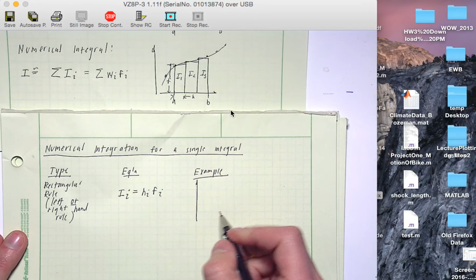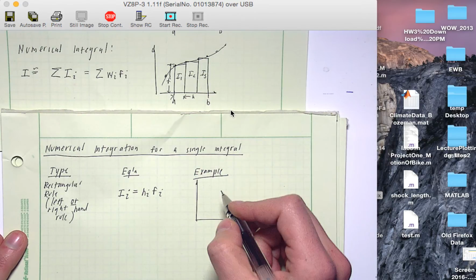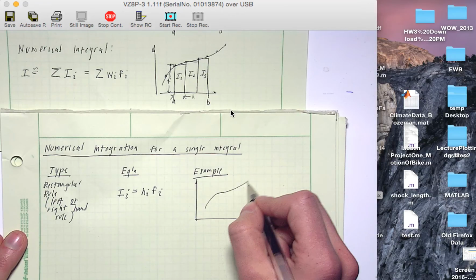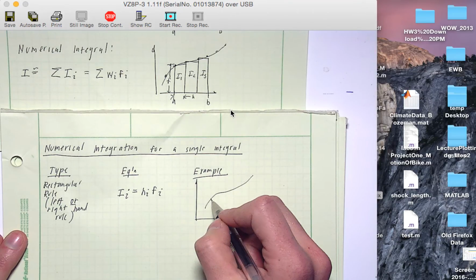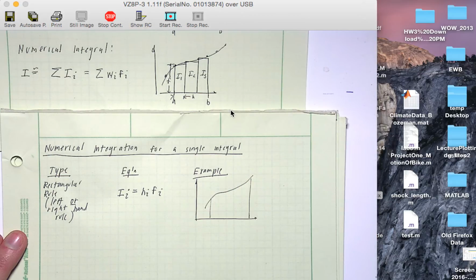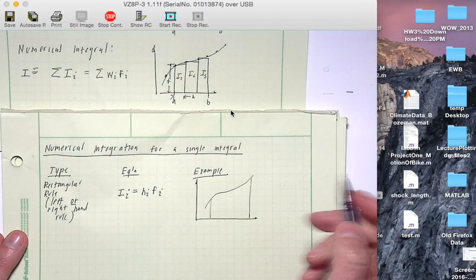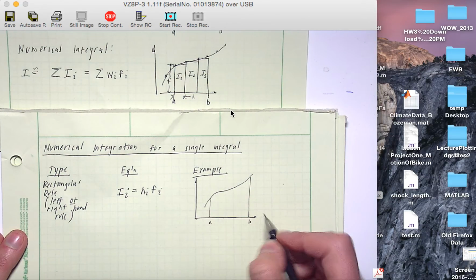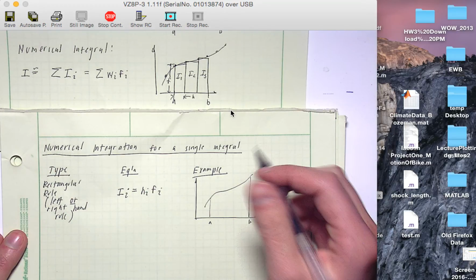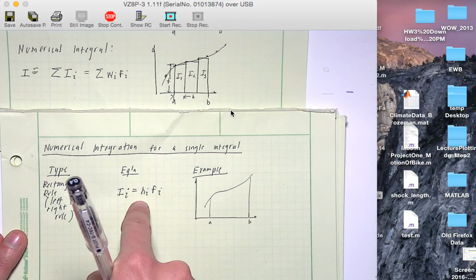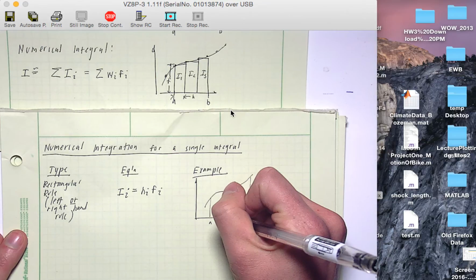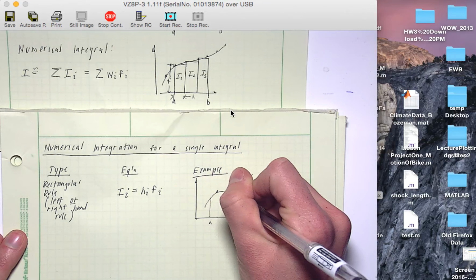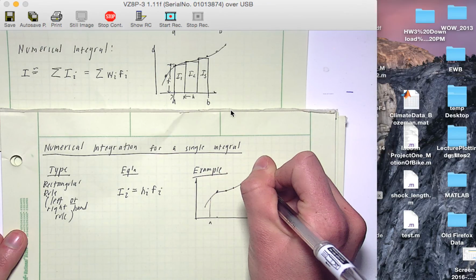The thing I want to make sure you remember is that this is only defining what it is at one interval. Let's say you wanted to find the integral over the entire domain, a to b. Say you have points here, evenly spaced.